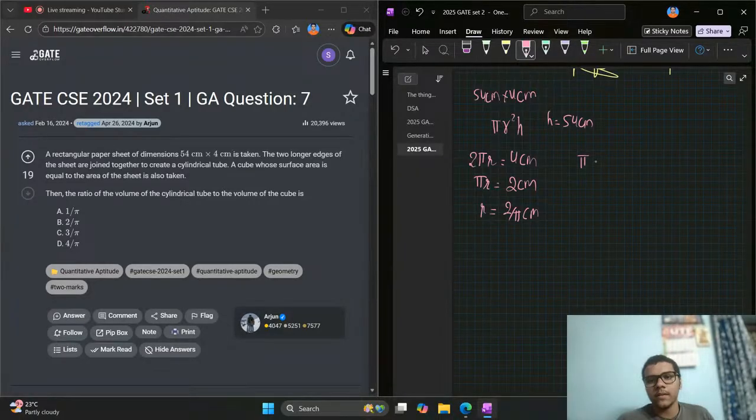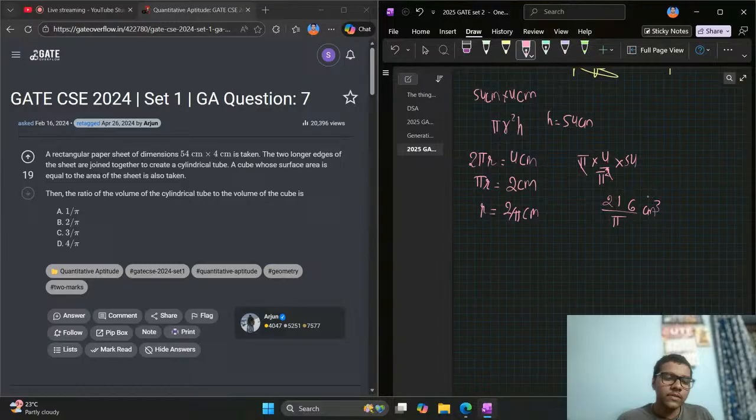So pi into 4 by pi squared into 54 is going to be 216 by pi centimeter cube, the volume of the cylindrical tube.